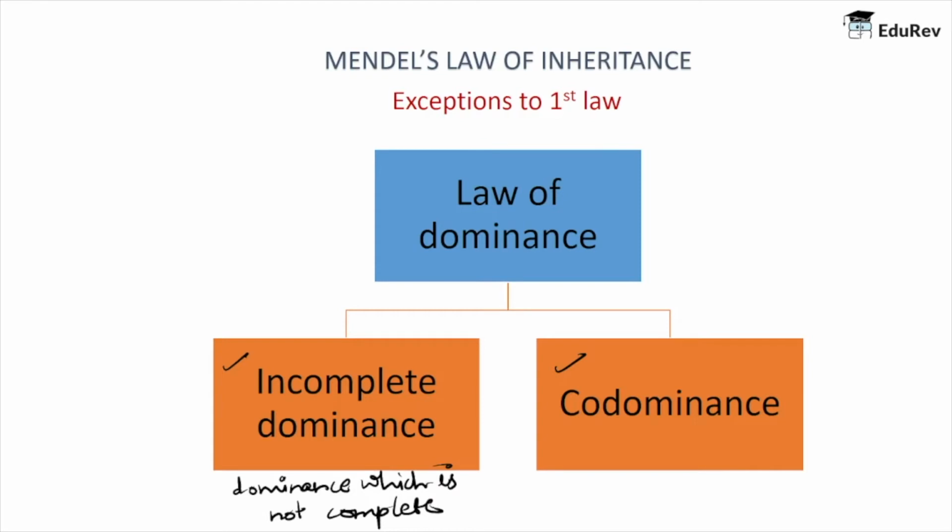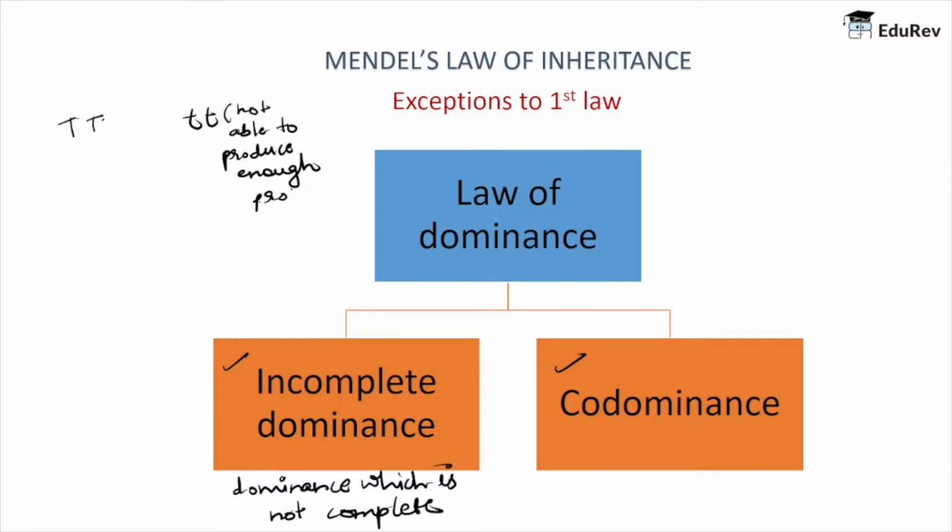And how will incomplete dominance take place? In the concept of dominance, we have seen how a particular allele is able to dominate the other allele. But here the term has now become incomplete dominance. How come this is happening? So let us suppose that this is the capital T and this is the small t. Now it is not able to produce enough proteins, so that is why it will remain mutant.